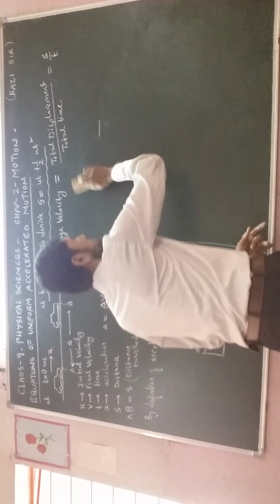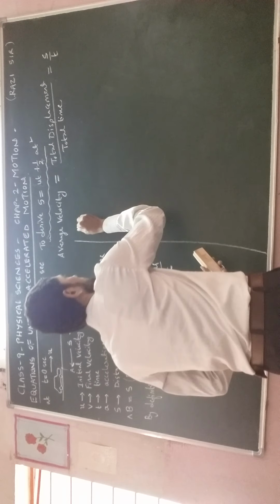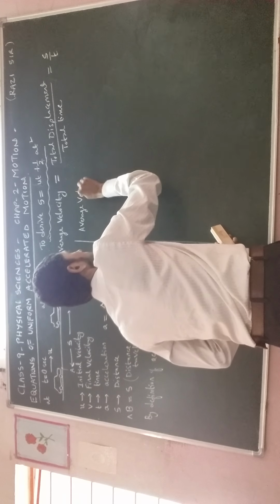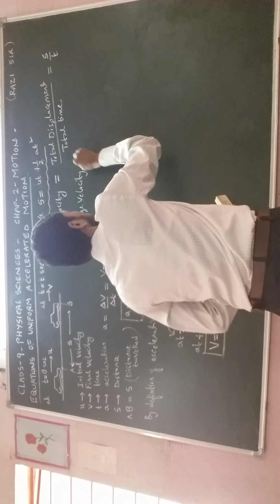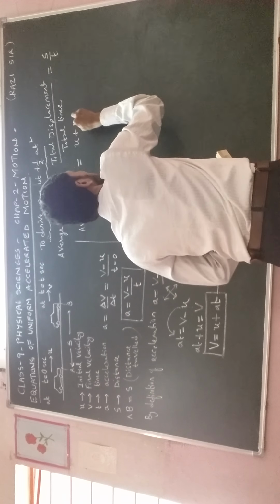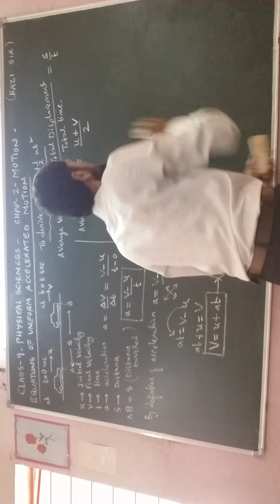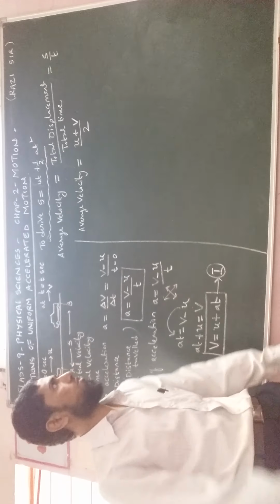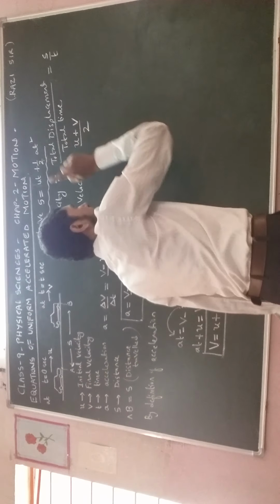So the formula for average velocity is u plus v by total observations, 2. So what is average velocity? u plus v by 2.